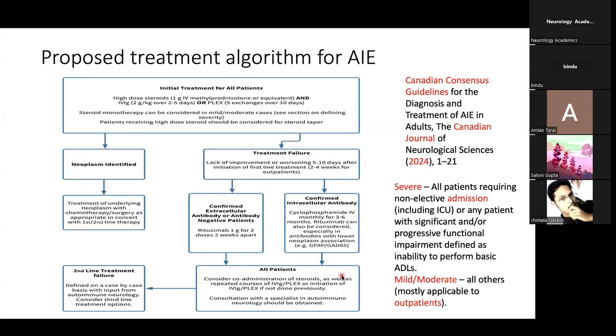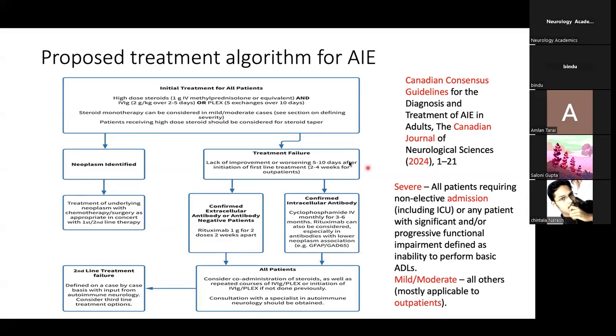This is the proposed treatment algorithm for autoimmune encephalitis. It is the Canadian consensus guideline, published in 2024. They suggest that initial treatment will be high-dose steroid along with IVIG or PLEX.